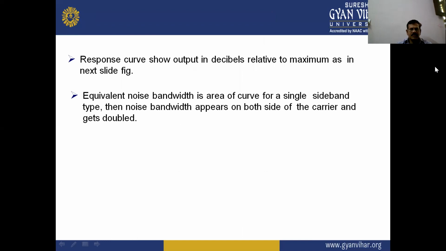In the response curve, the output is in decibels related to the maximum, as in the next slide figures. So the equivalent noise bandwidth is the area of the curve for a single sideband type. The noise bandwidth appears on both sides of the carrier and gets doubled.